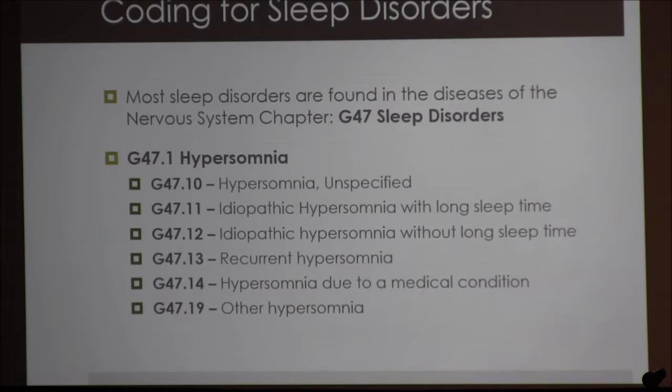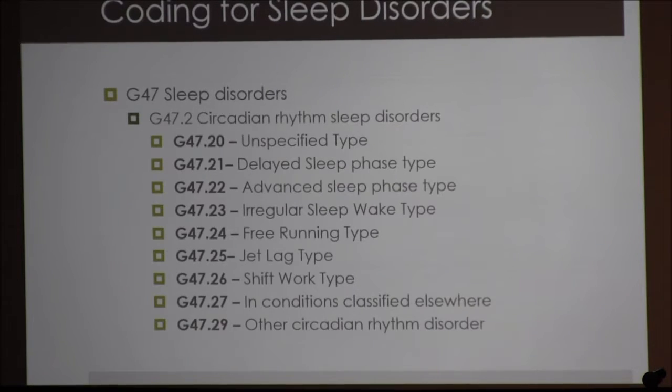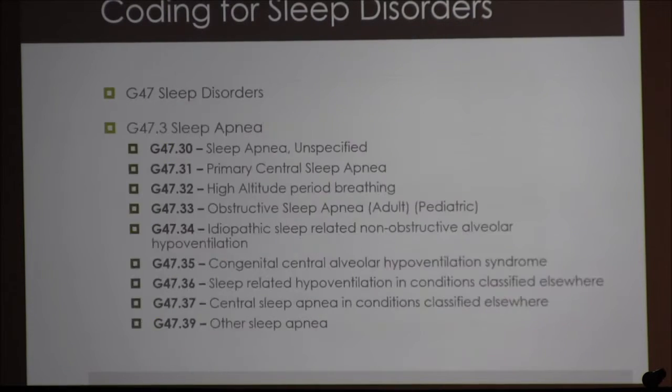So G47 is in the nervous system chapter, and this is where primarily some of the sleep disorders are going to be billed. So we have G47.1 and all of the specifics of the hypersomnias. G47.2 are circadian rhythm sleep disorders. G47.3, sleep apnea. This is the most common area for billing.